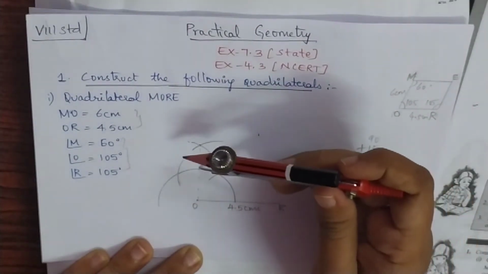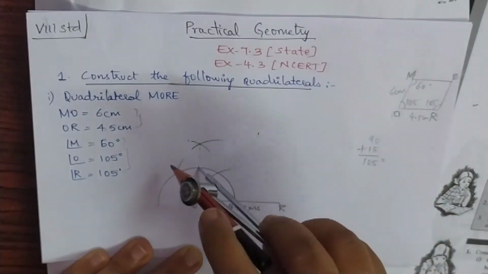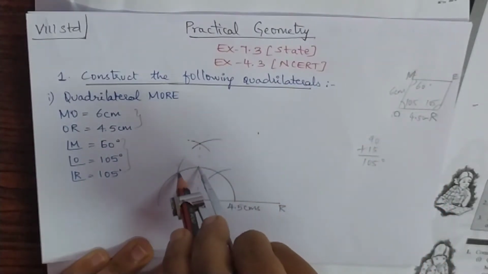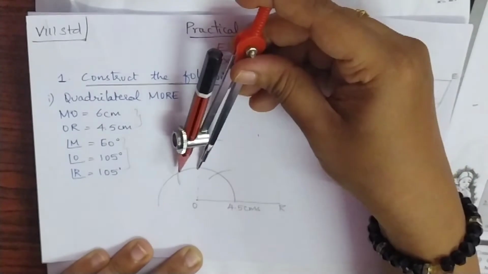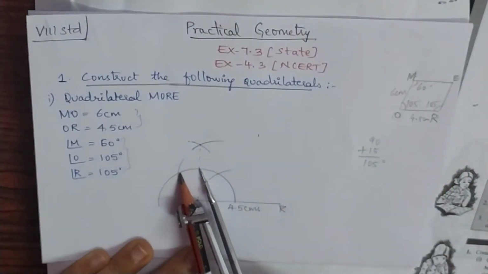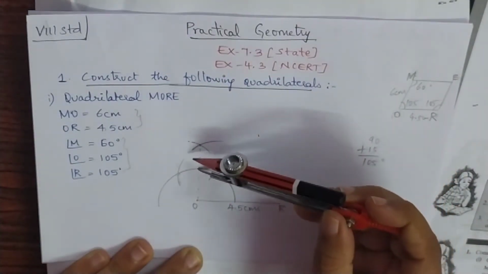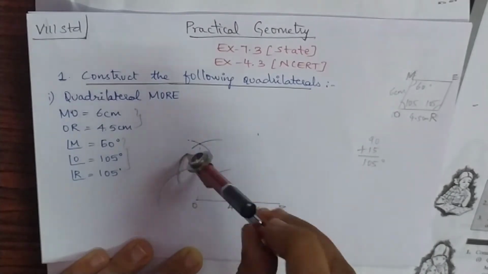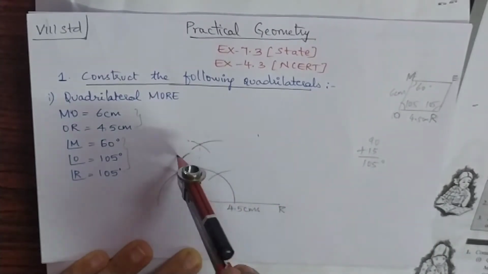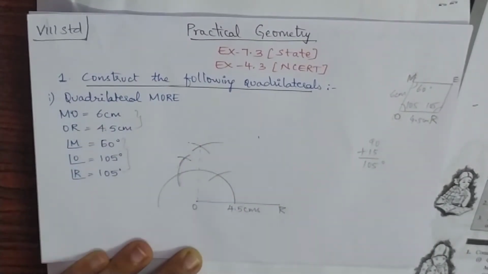What you should do? From here, the 90 degree line, measure this much distance in compass. See here, you need to measure this distance in compass and draw a perpendicular bisector. One arc from here, one arc like this.